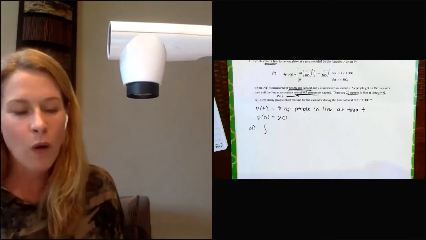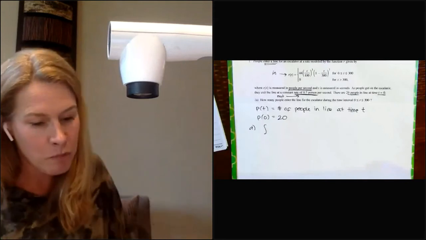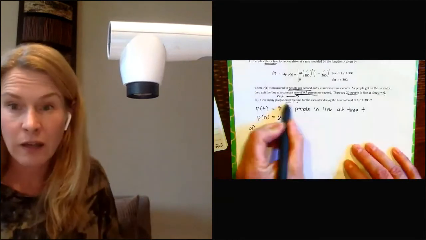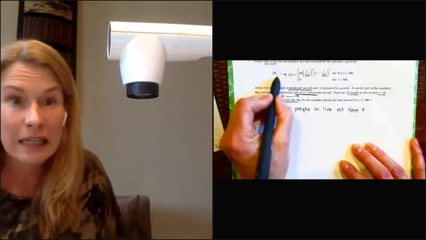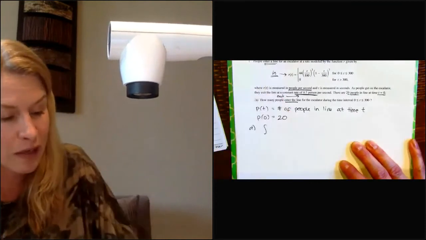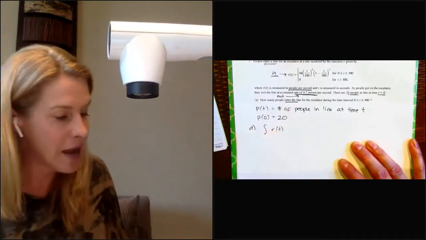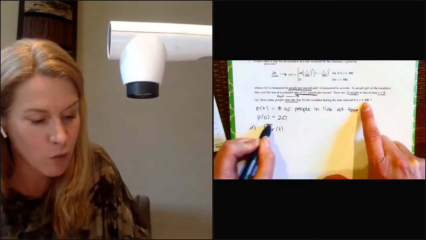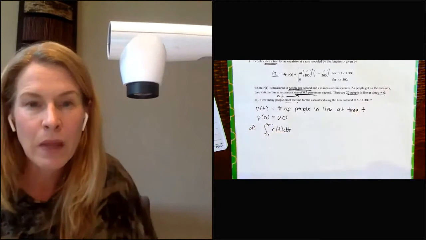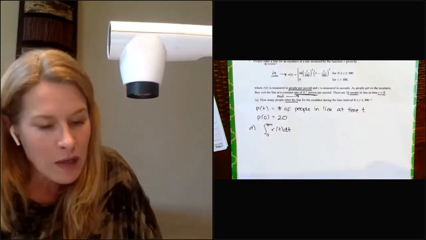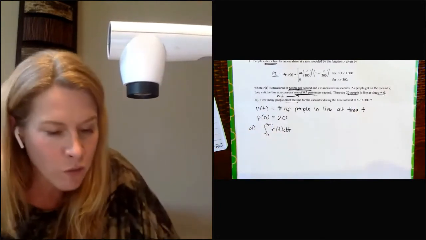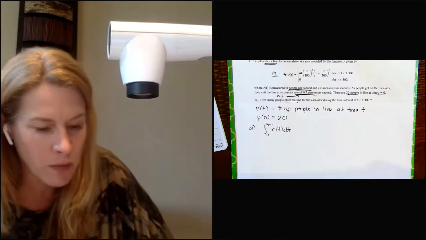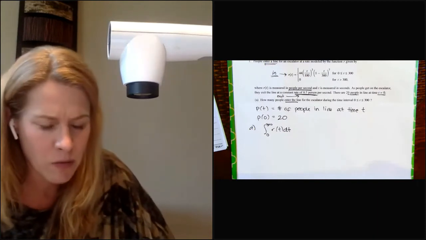So yes, since we're looking for the number of people entering the line, entering means we want the rate in, so we're going to integrate R of t over this whole time interval, 0 to 300, and of course, with respect to time. Then you look at this R of t function, which is 44 t over 100 cubed times 1 minus t over 300 to the 7th.